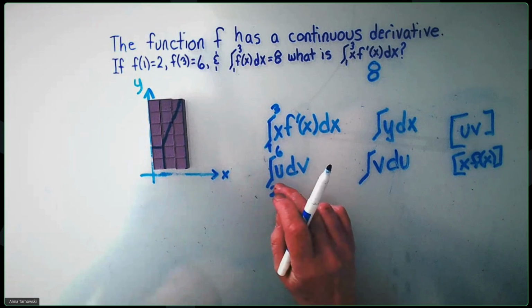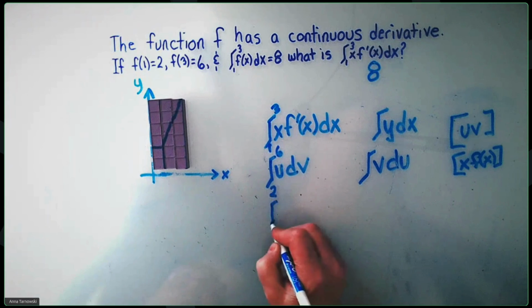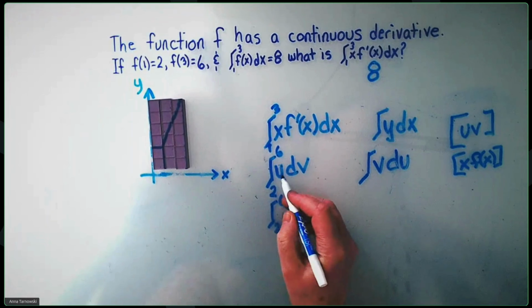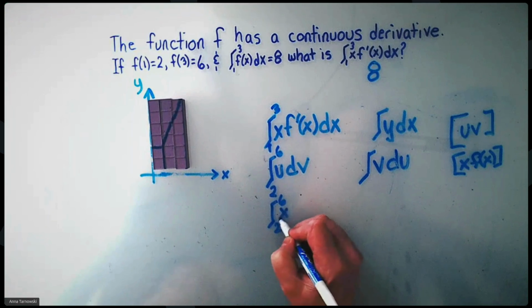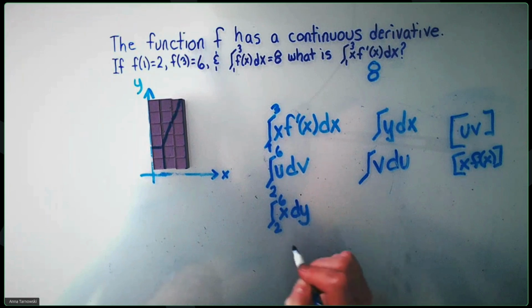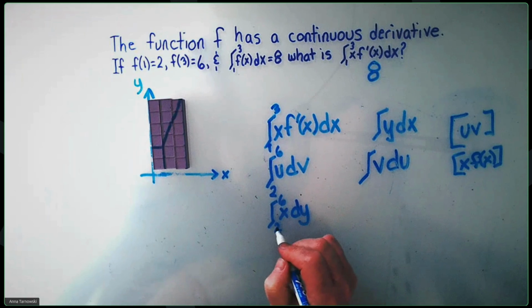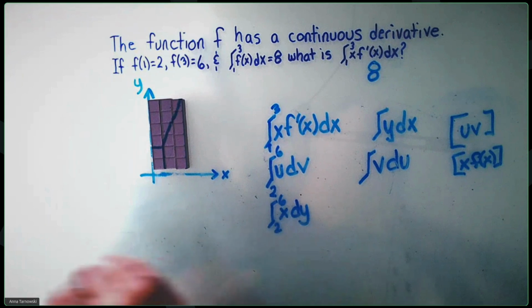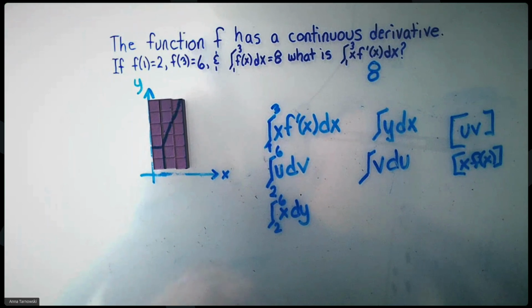We could also change this to this, because u is equal to x, and dv is equal to dy. We found that out earlier when we integrated. I'm trying to think what else I can show you here.